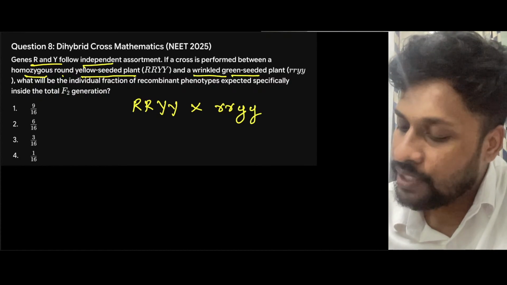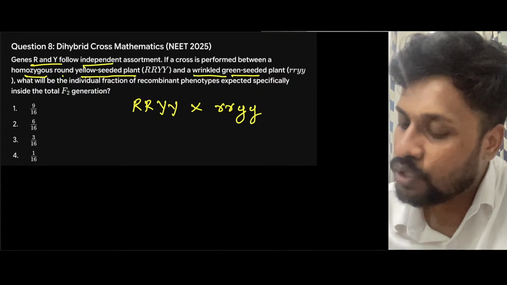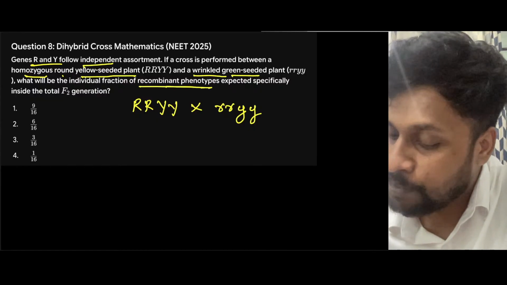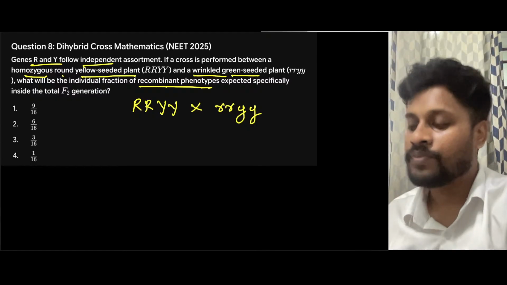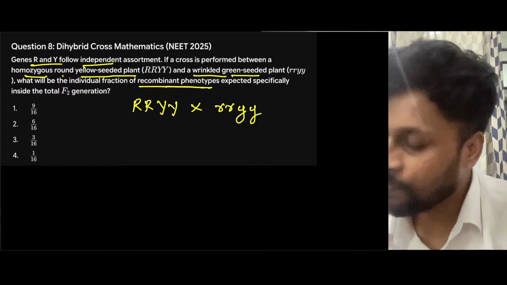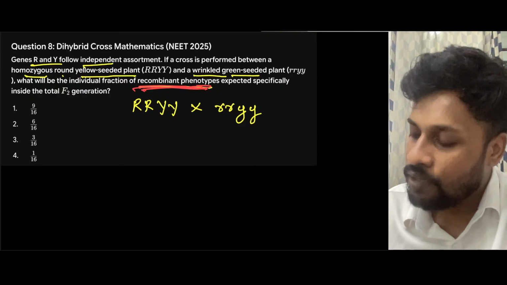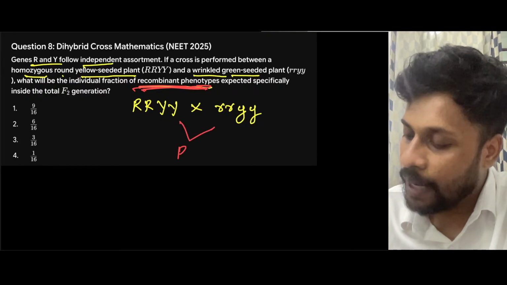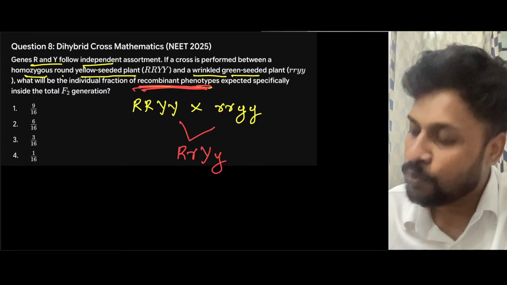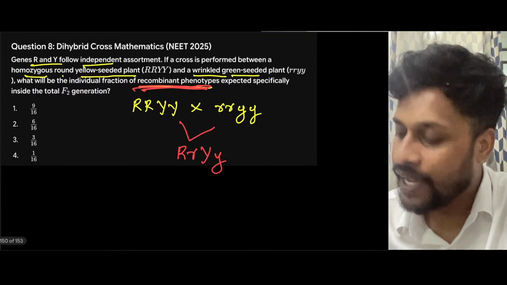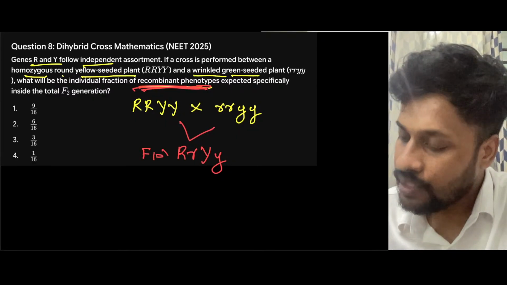Now they're asking what will be the individual fraction of recombinant phenotype expected specifically inside F2 generation. Basically they're asking recombinant type. Now, if we cross this, what we will be getting? Capital R, capital Y, small r, small y. This is a normal dihybrid cross. This is F1.